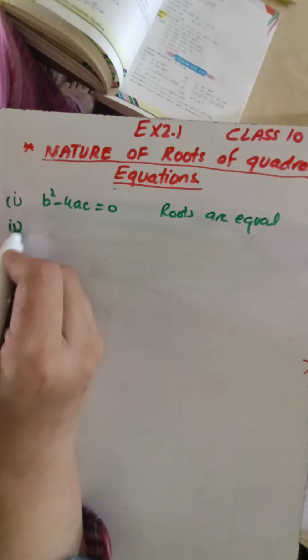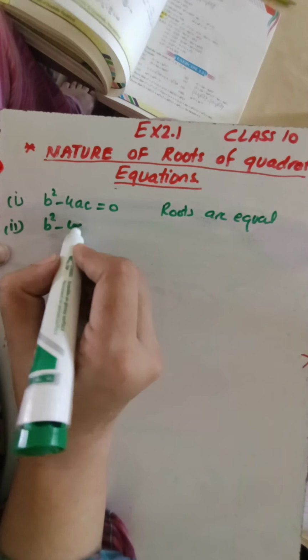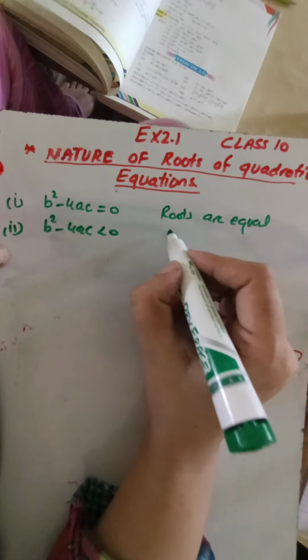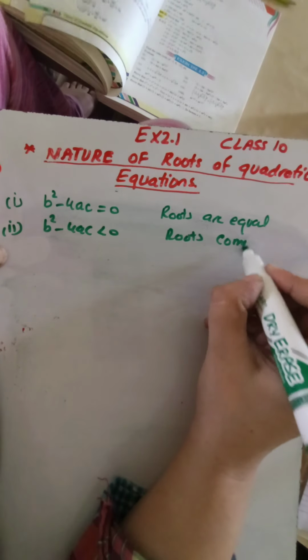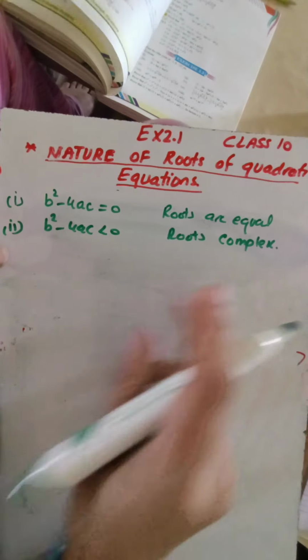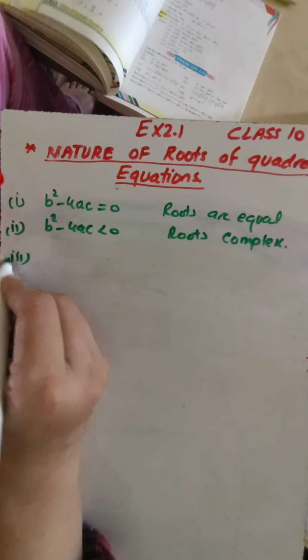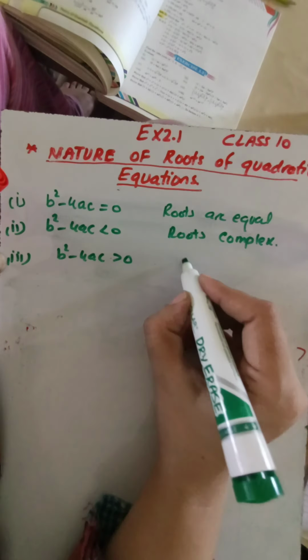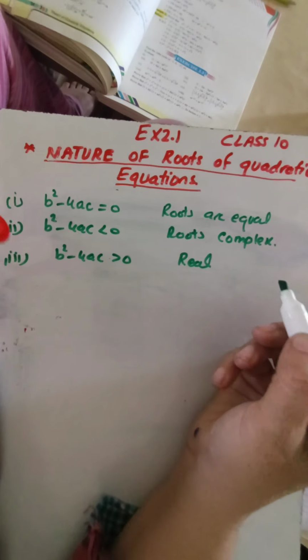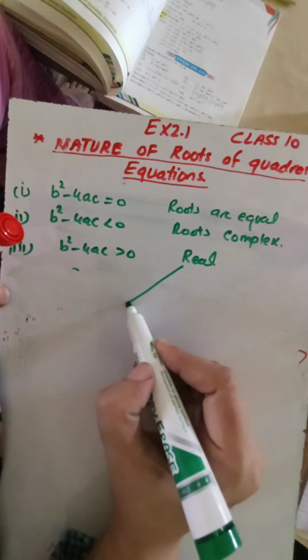Second, if b square minus 4ac is less than 0, then roots are always complex numbers, the imaginary ones. Third, if b square minus 4ac is greater than 0, then roots are going to be real.